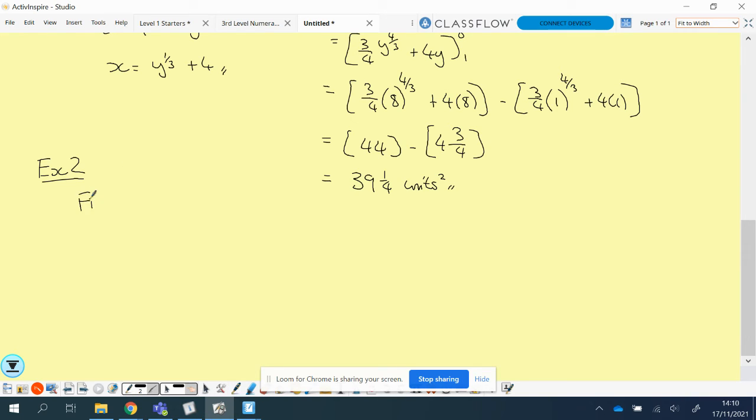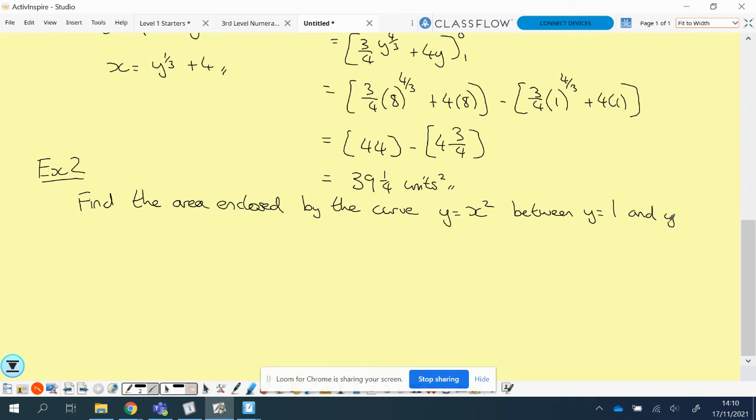So we're going to find the area enclosed by the curve y equals x squared between y equals 1 and y equals 4. Okay, so that's the question. Find the area enclosed by the curve y equals x squared between 1 and 4.